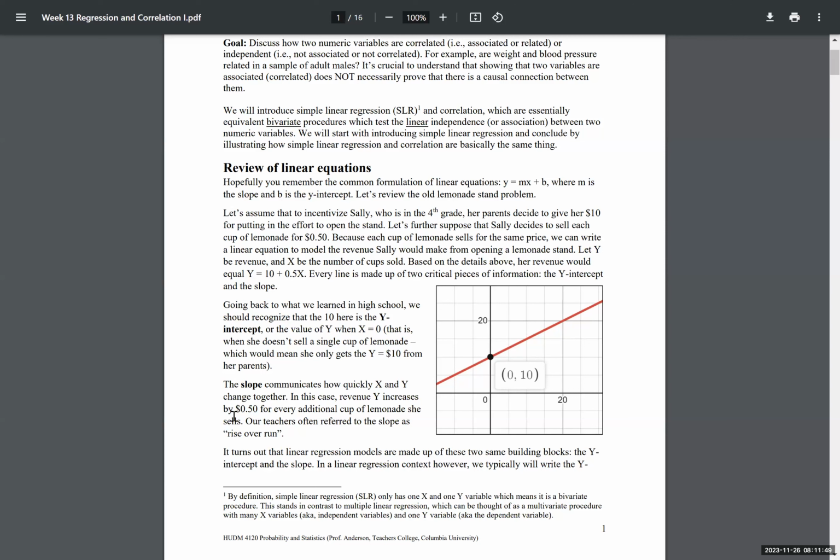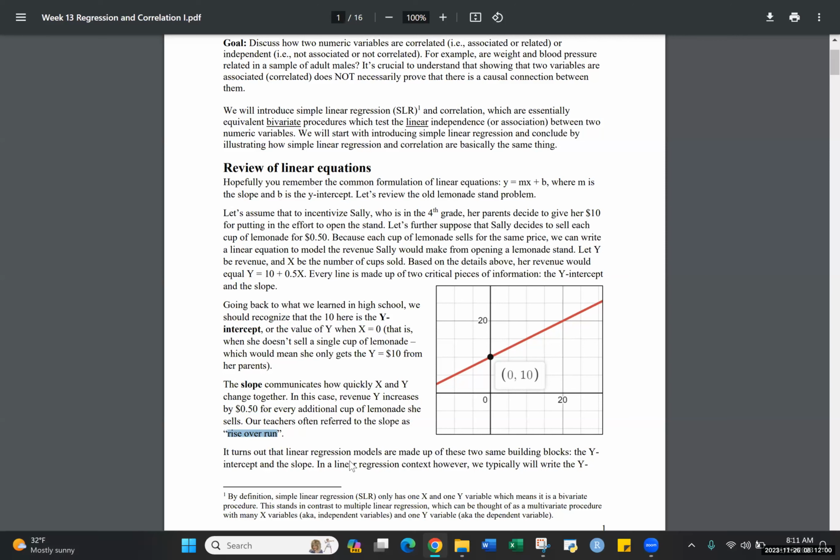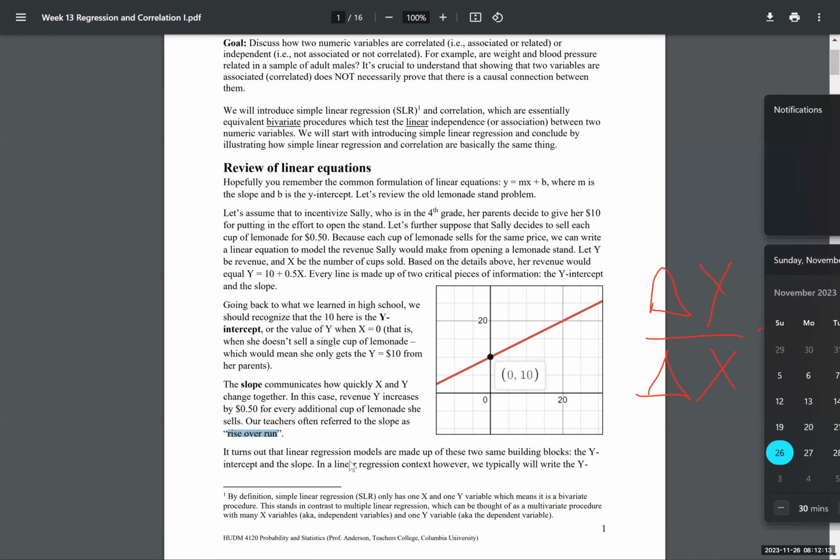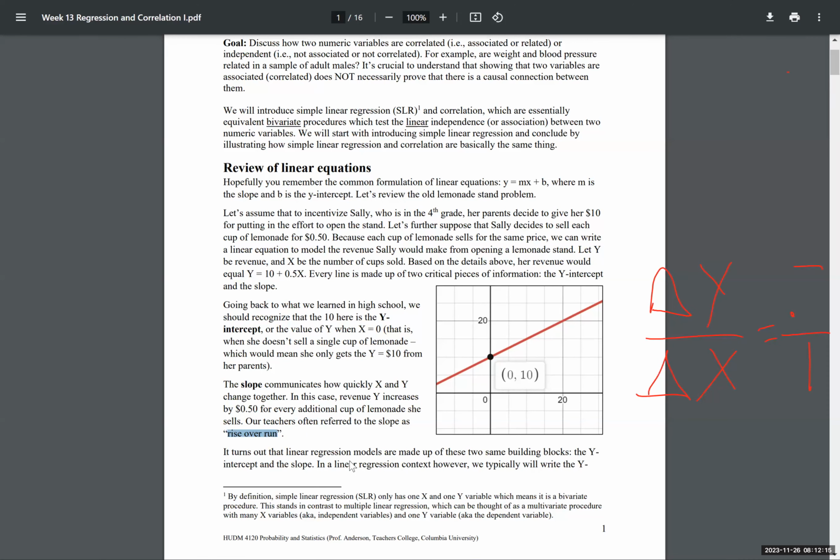You might remember our teachers used to call this rise over run. It's also synonymous with change in y over change in x. Let me write that down here. Change in y, that's the Greek letter delta, it's like a little triangle, over change in x. So again, every one additional cup of lemonade she sells, she gets 50 cents, right? So that is our slope in this line.